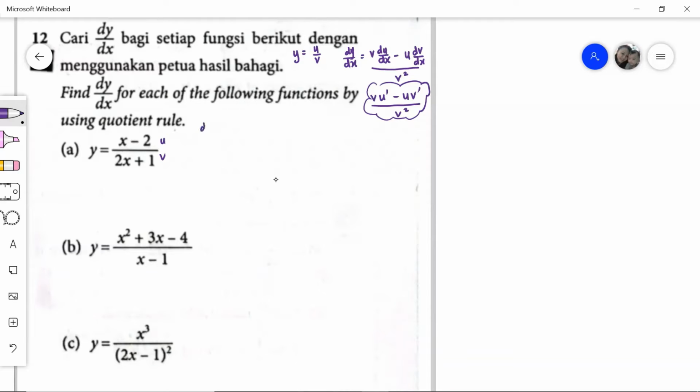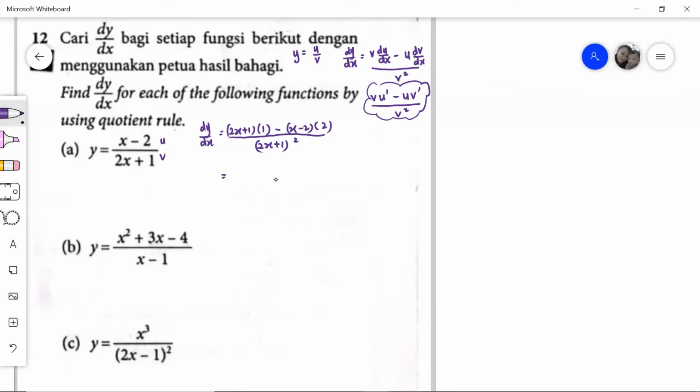Therefore, dy/dx will be stay v and do u. Differentiate u, that is 1, and then minus stay u and do v, that is 2, over v squared, so (2x plus 1) squared.